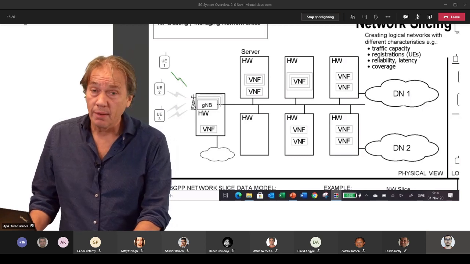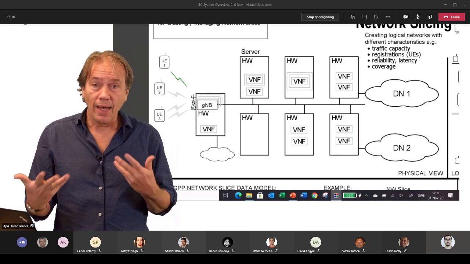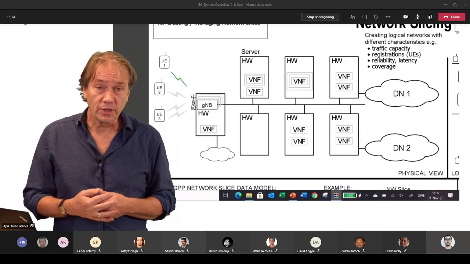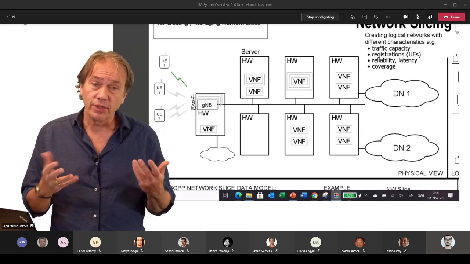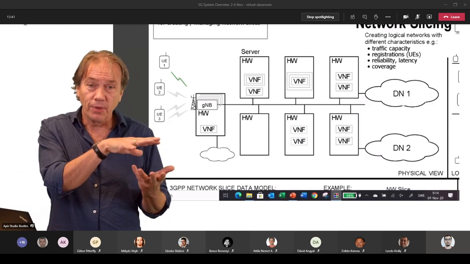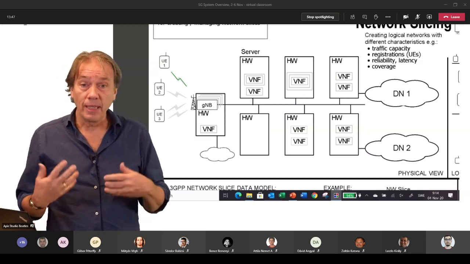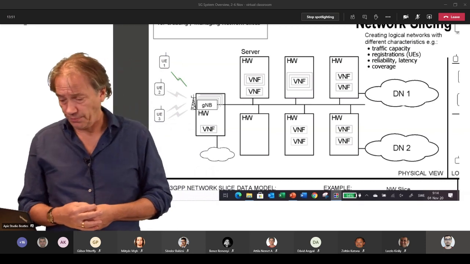The GNOD has in some more or less dynamic way allocated some part of the radio resources to the green network slice. And exactly how this is done, whether it's part of the frequency spectrum or based on some type of dynamic algorithms, that's implementation dependent. The specs actually say very little about it.